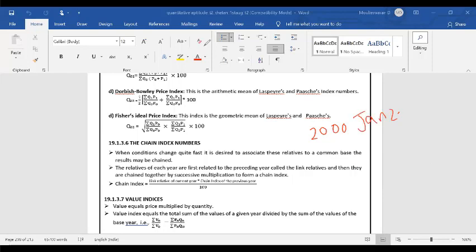In January 2001 itself, it changed 25%. In February 2001 itself, it increased a further 50%. In March 2001 itself, it further increased 25%. See, very high change.